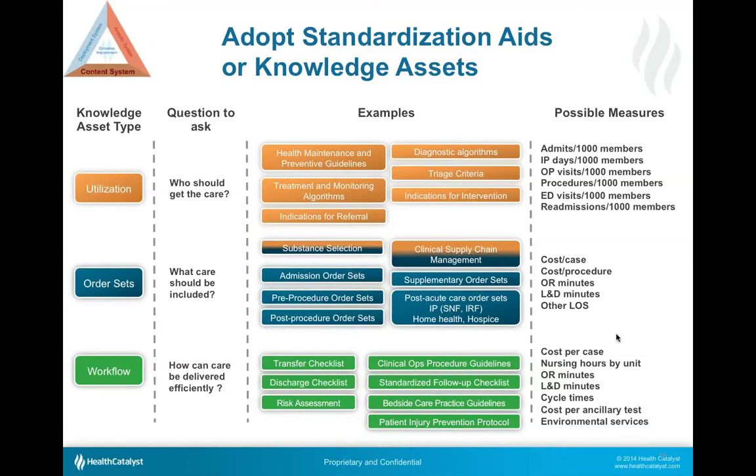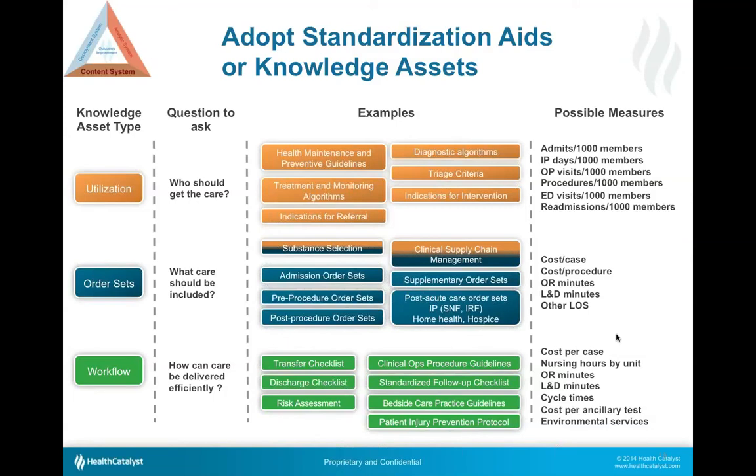In the far column here, you see possible measures that we can think about as we think about understanding the utilization of these types of knowledge assets in our care delivery. And for utilization, we're thinking about admits per 1,000 members or procedures per 1,000 members.